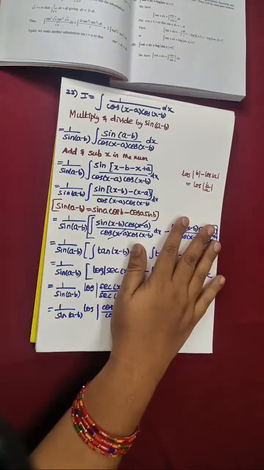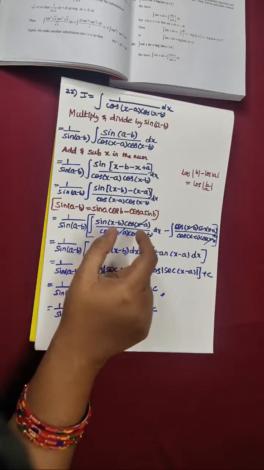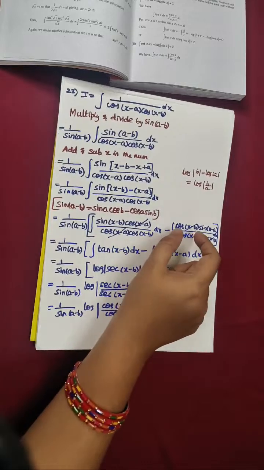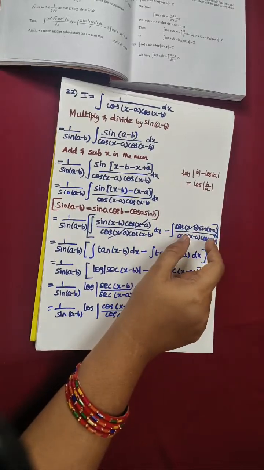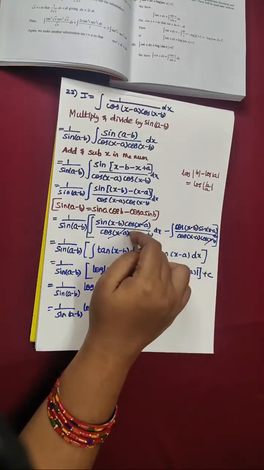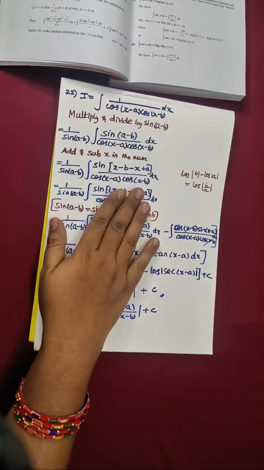So when you split the terms, you have cos of x minus b, cos of x minus a by cos of x minus a, x minus b, and you can't simplify again, because a whole term will get cancelled.